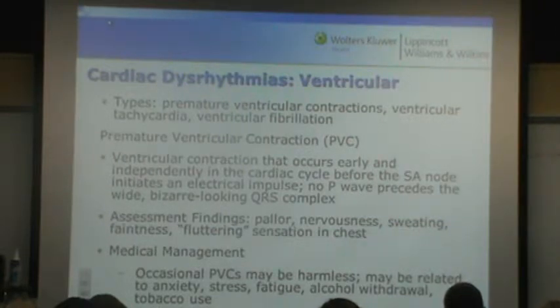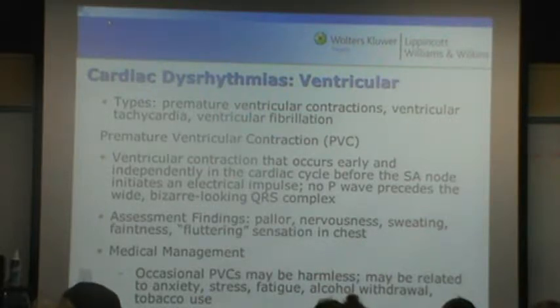And basically what happens is it's kind of like that PAC that we talked about. It's an ectopic beat that occurs just because some foci in the ventricle all of a sudden generates an electrical impulse, and it generates it early, before the SA node is actually able to generate its electrical impulse.